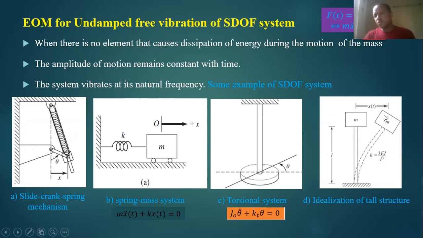We consider the overall mass as a lumped mass and the stiffness of the supporting structure as 3EI by L cubed, taken from the strength of materials concept.